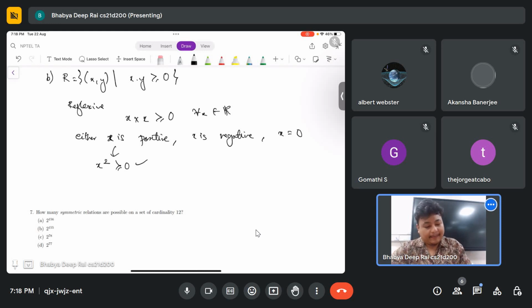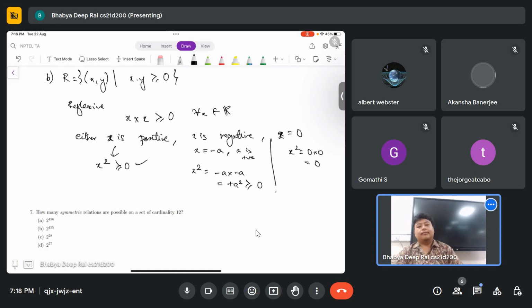If x is negative, let's say x equals minus a, where a is positive, so you can represent a negative number this way, then x squared is minus a times minus a, which is equal to plus a squared, which is clearly greater than or equal to 0. And if x is finally 0, then x squared is equal to 0 times 0, which is equal to 0. So yes, it is reflexive.